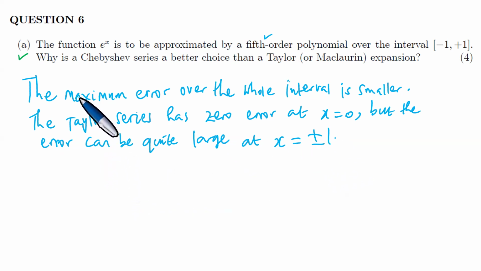So now, to answer this question for the 4 marks, we are first saying the maximum error over the whole interval is smaller. The Taylor series has zero error at x equal to 0, but the error can be quite large at x equal to plus or minus 1. So we continue.